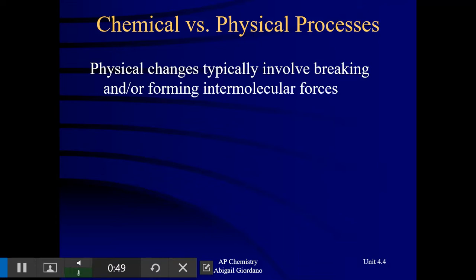It means forces of attraction between molecules, not within. Some examples of that are any kind of phase change. If you melt a block of ice or boil a pot of water, you're not changing the chemical composition of these substances, you are simply changing the intermolecular forces.